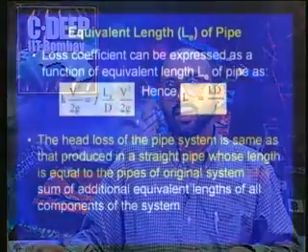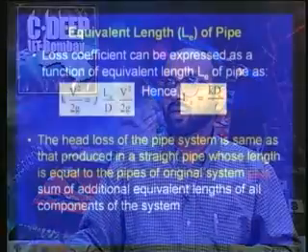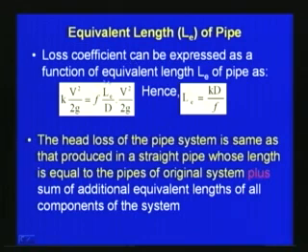We can use the standard value available from the manufacturer. Now, we have already seen that we express the minor losses in terms of V square by 2g, where V is the average velocity. Another important aspect of the loss coefficient is the equivalent length of pipe. The loss coefficient can be expressed as a function of the equivalent length LE of pipe.